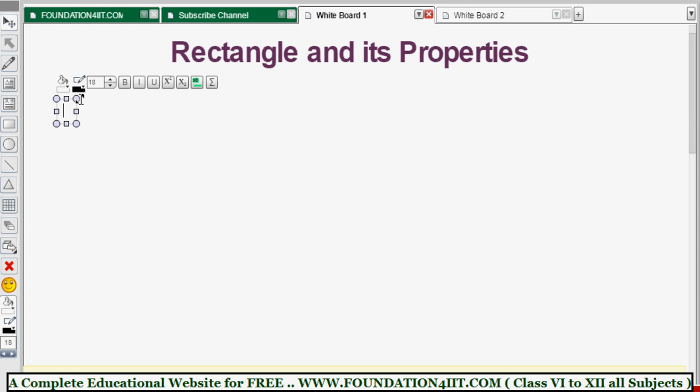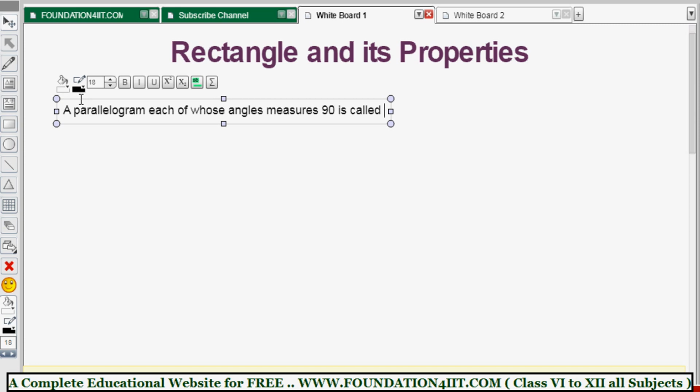Let me write here: a parallelogram each of whose angles measures 90 degrees is called a rectangle.